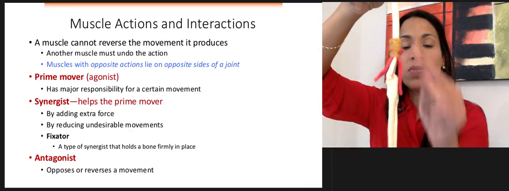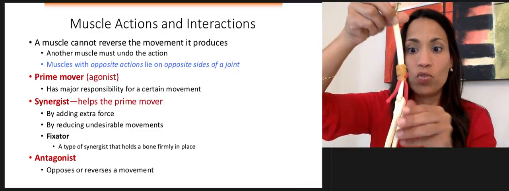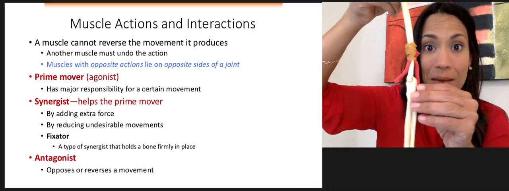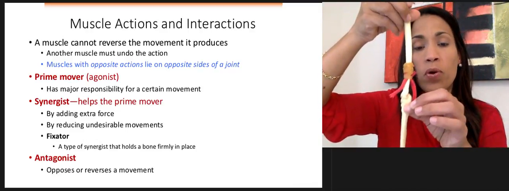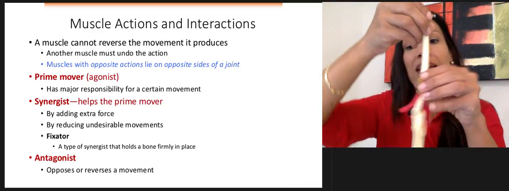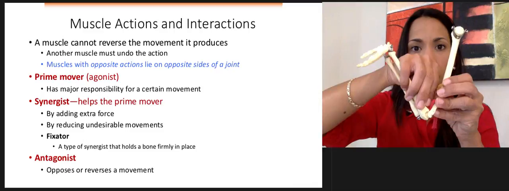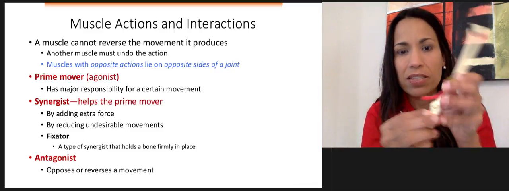So during this movement, the one that was antagonist during forearm flexion is now acting as prime mover during forearm extension. And the one that was acting as a prime mover during forearm flexion is now acting as an antagonist.